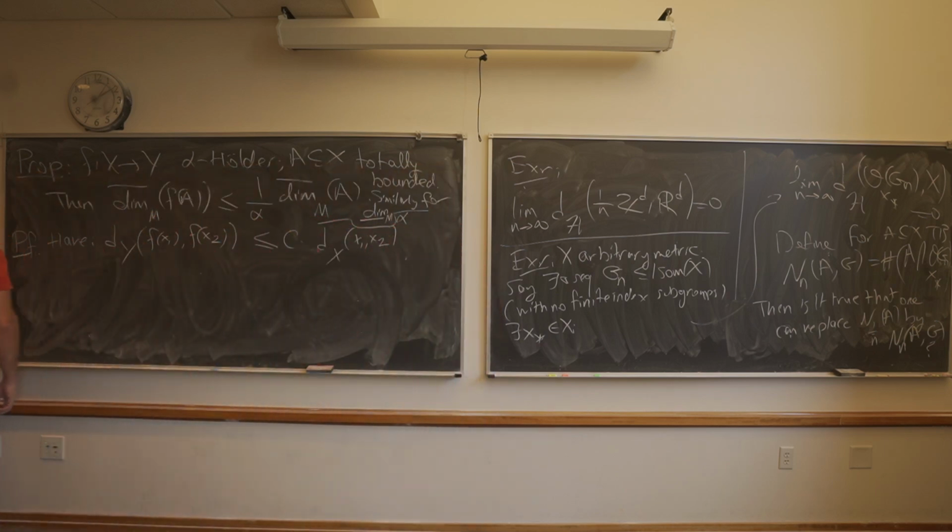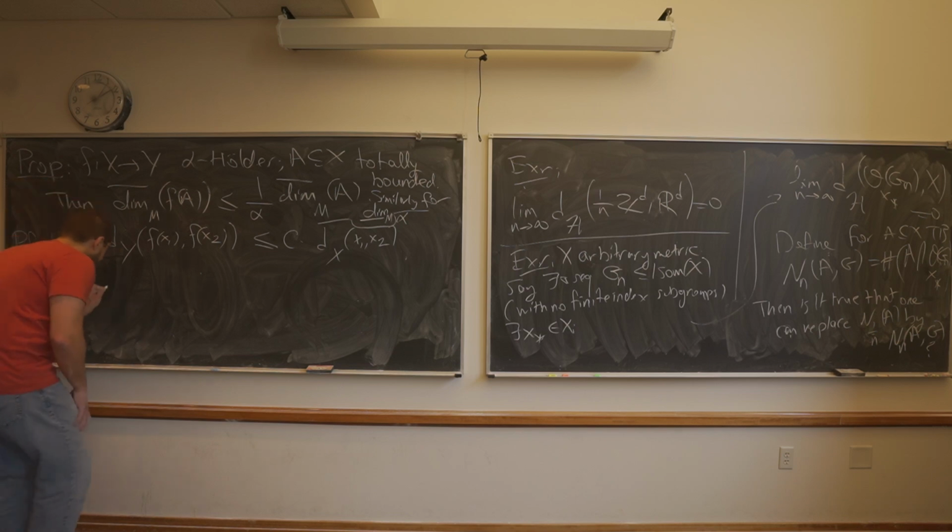I'm going to use the initial definition that I gave for Minkowski dimension. So N epsilon of A is the following. I'm going to fix an epsilon.